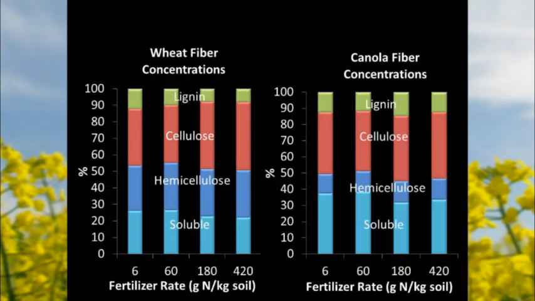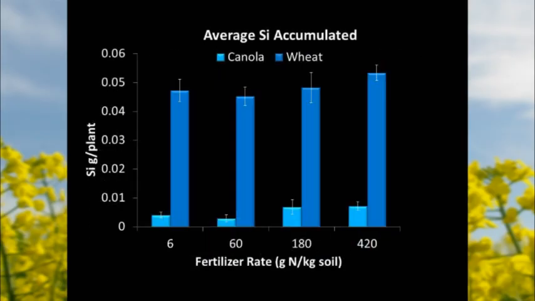So part of the greenhouse results, this is the fiber analysis, and I just want to point out that wheat accumulates more hemicellulose than canola and similar levels of cellulose, while canola has higher levels of soluble material and lignin. Now, what I was interested in was looking at the silica amounts.